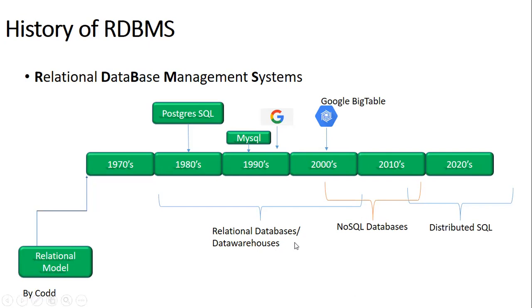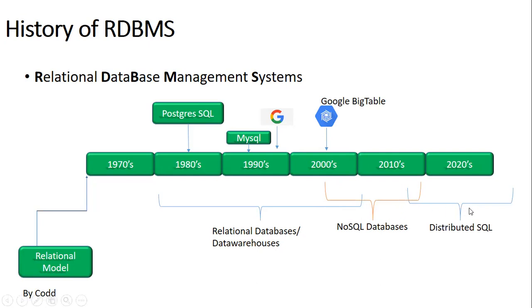It is not that it has ended, but that is where a lot of research went in, and focus was on databases and data warehouses most of the time. And then from the mid 2000s, we had NoSQL databases till the late 2010s or the early 2020s. Till then, we had NoSQL databases.